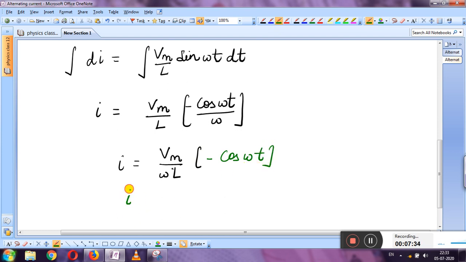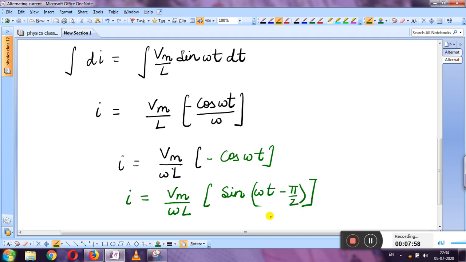After this I is equal to Vm upon omega L, and what you can write here is sine omega t minus pi by 2. This we got after applying the law of trigonometry.